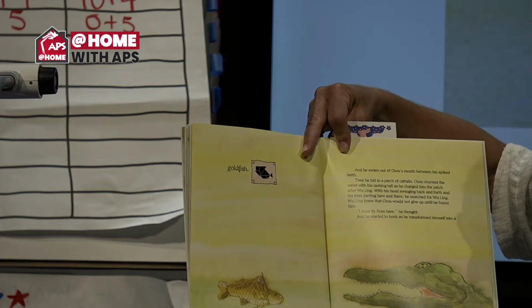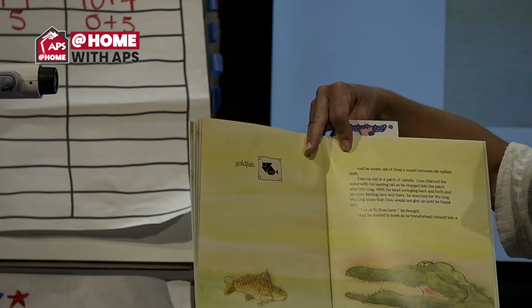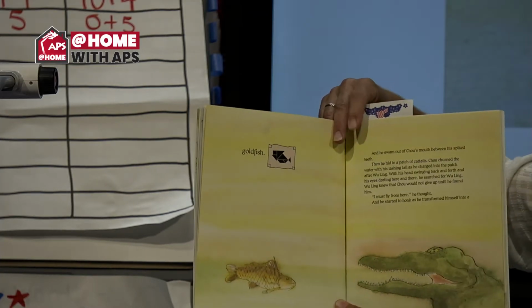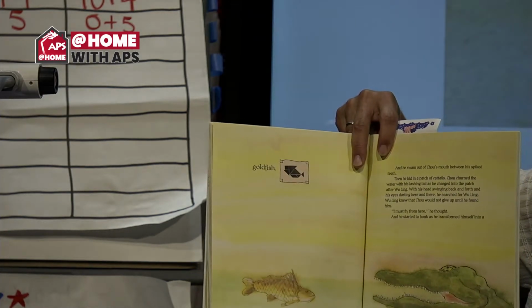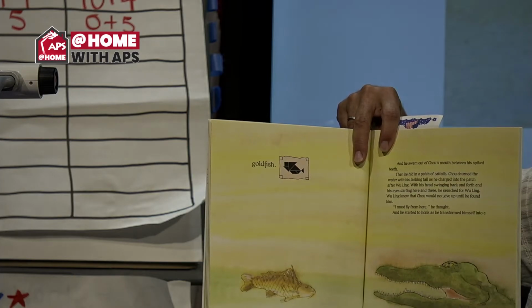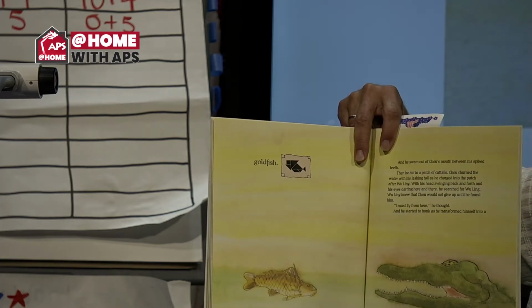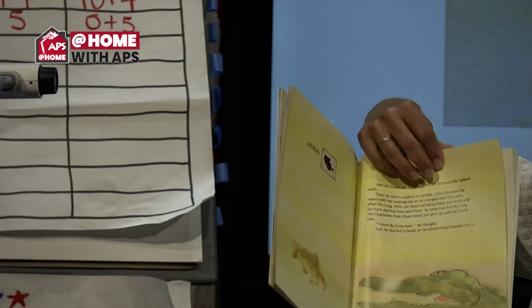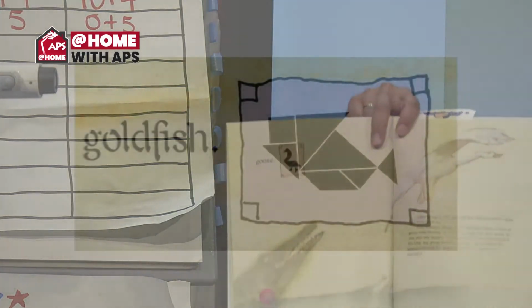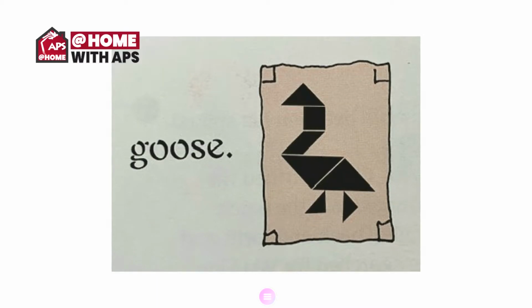"I must fly from here," he thought, and he started to honk as he transformed into what could it be? Something that flies, and the noise it makes is honk. He turned into a goose.